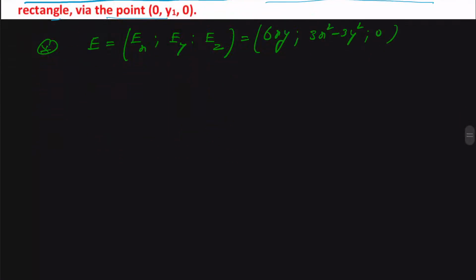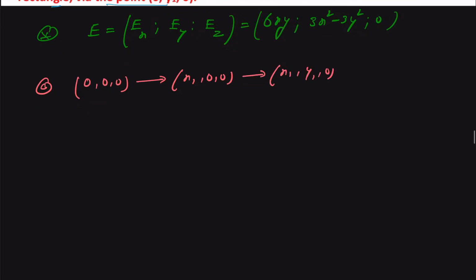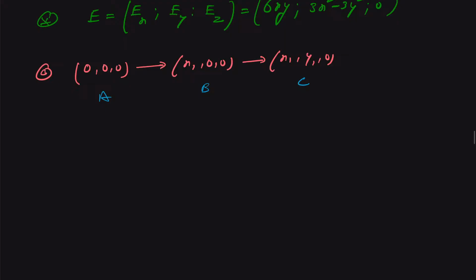So in part A, the path starts from 0, 0, 0, then moves to x1, 0, 0, and then moves to x1, y1, 0. Let us say this point is A, this point is B, and this point is C.